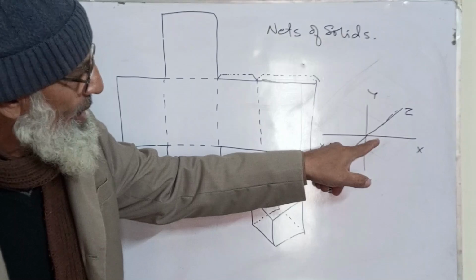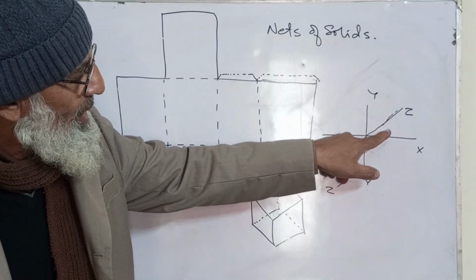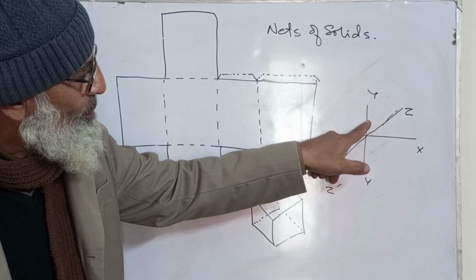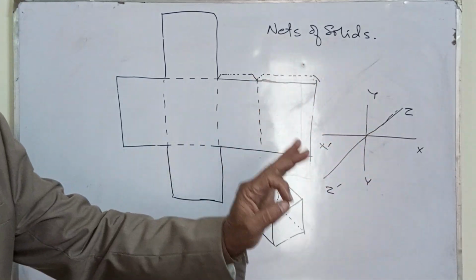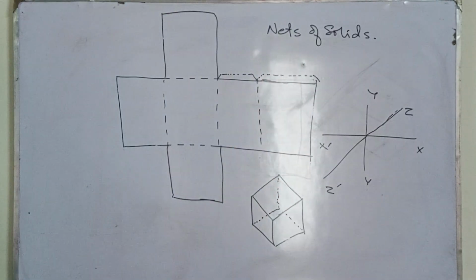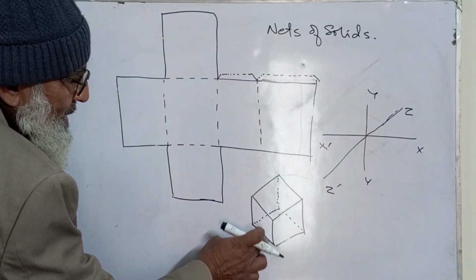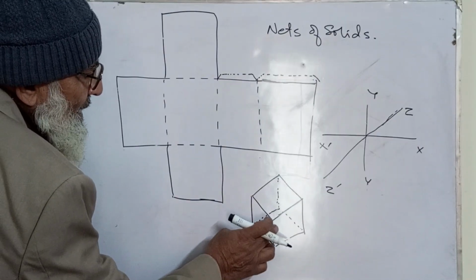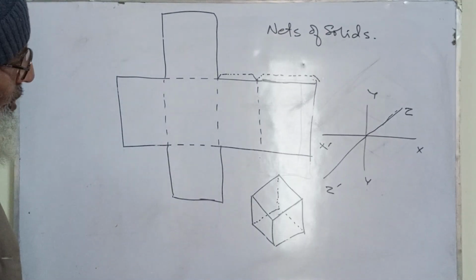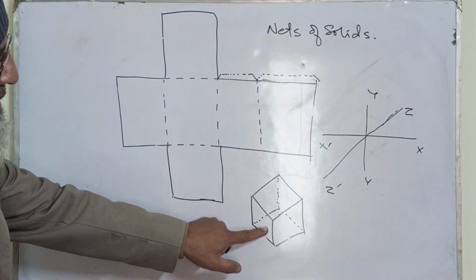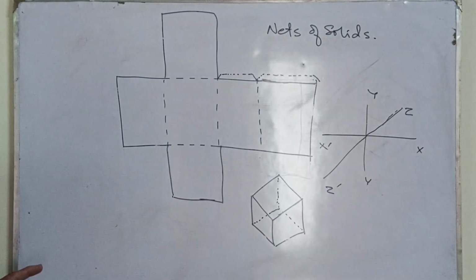So you can imagine that this and this are also making a 90 degree angle, and this too. The previous ones were already made at 90 degrees like this. Now you can see that this is the z-axis, this is the x-axis, and this is the y-axis. All the three axes are visible to you here.